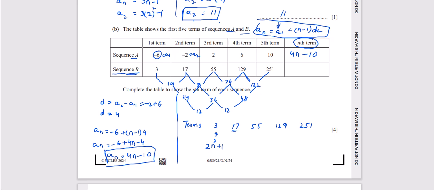The second term is 17. Like this you use all values one by one, and the result should be equal to the given term. So 2 n raised to the power 3 plus 1 is the nth term of this sequence.